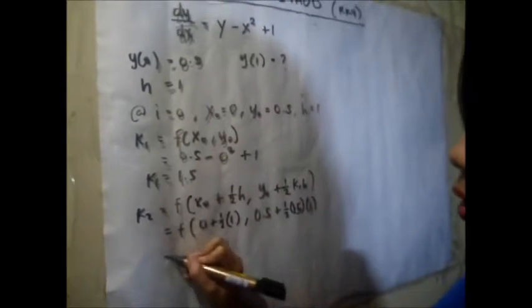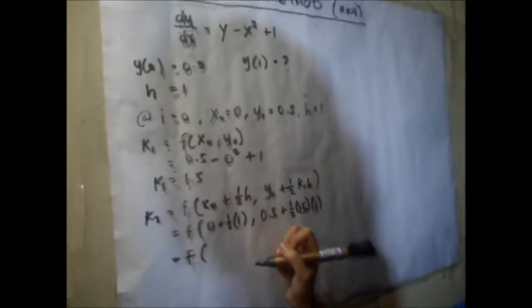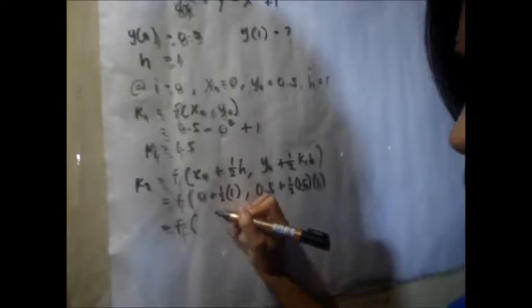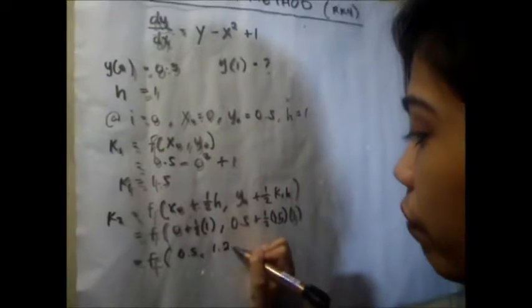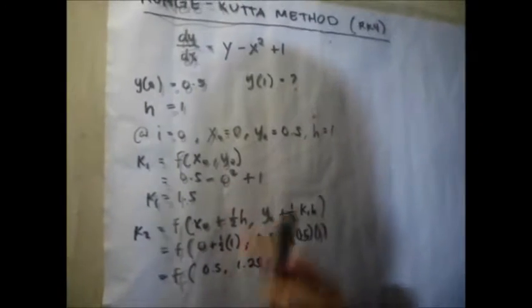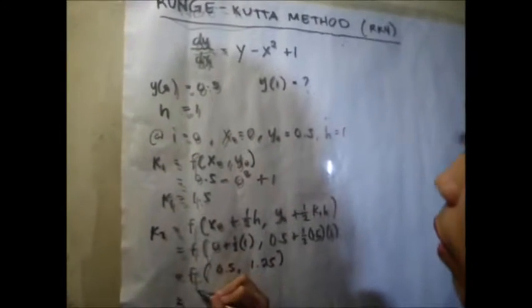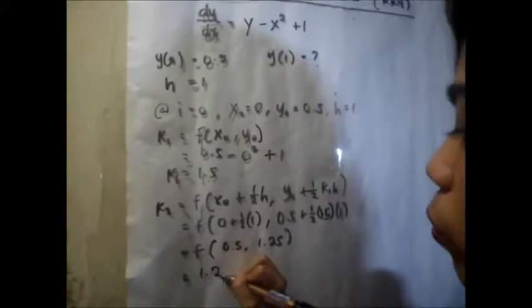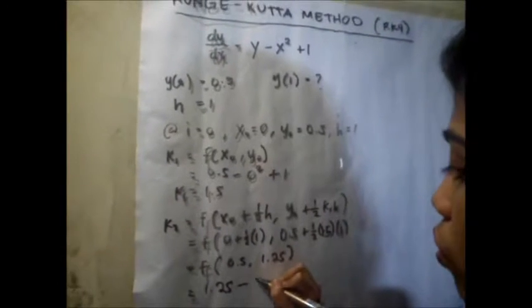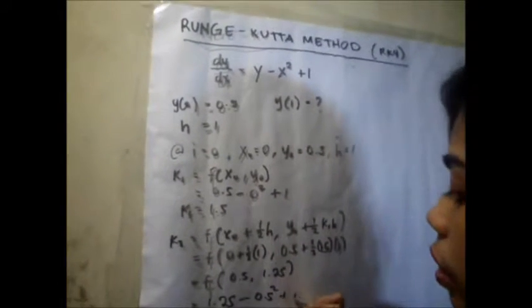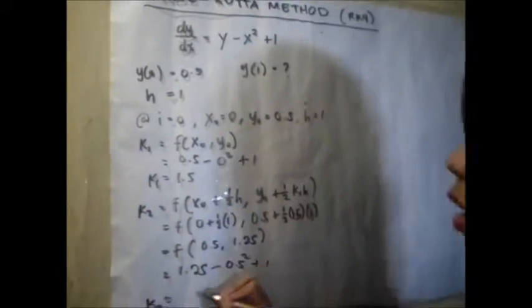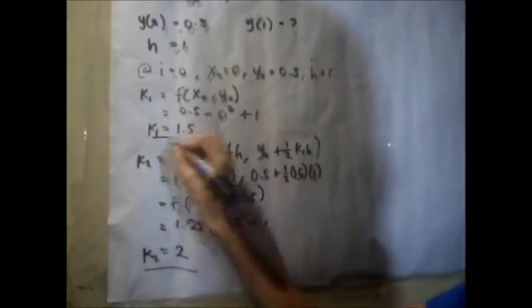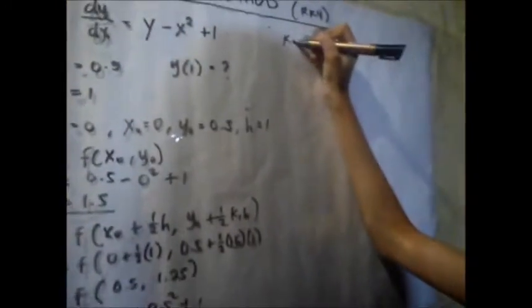So for the x, we have the value of 0.5 and 1.25 for the y. Again, substitute these values to the equation. So we have 1.25 minus 0.5 squared plus 1. So the k2 will be 2.